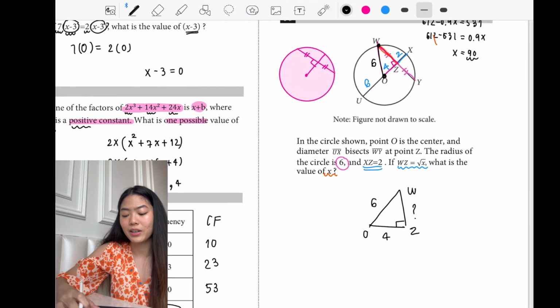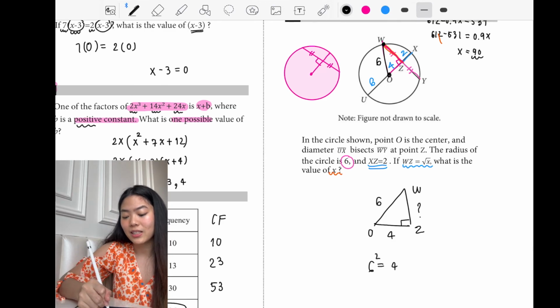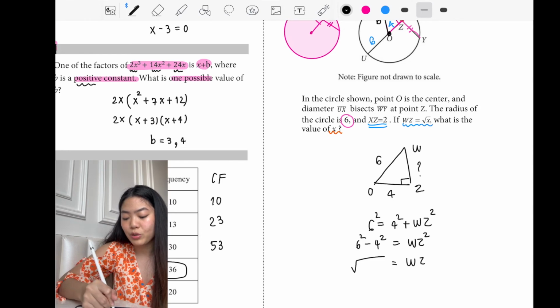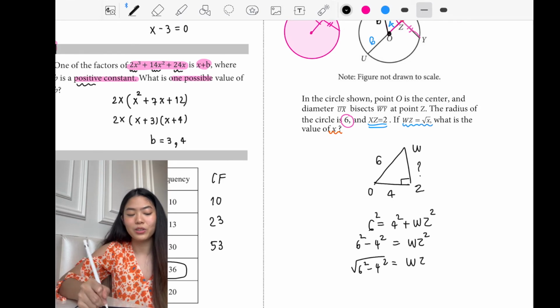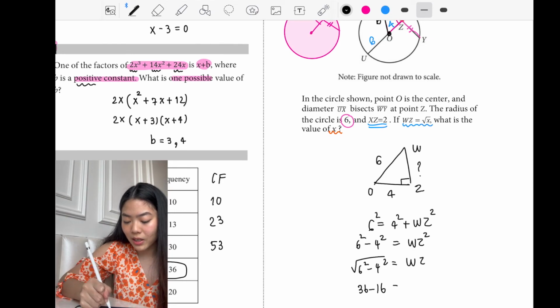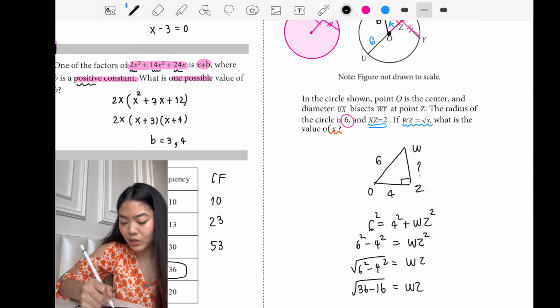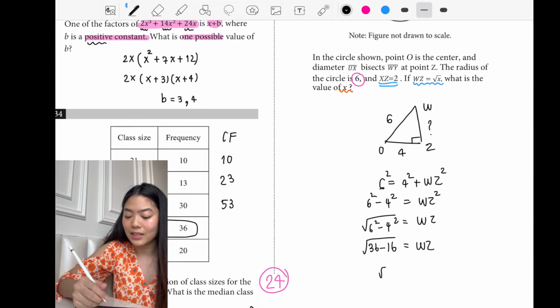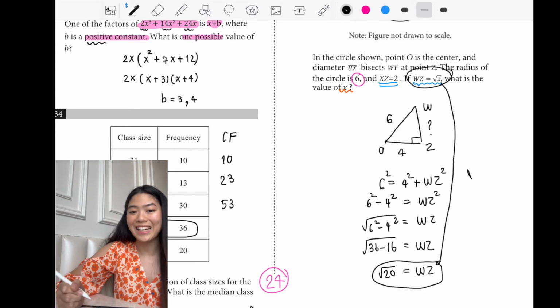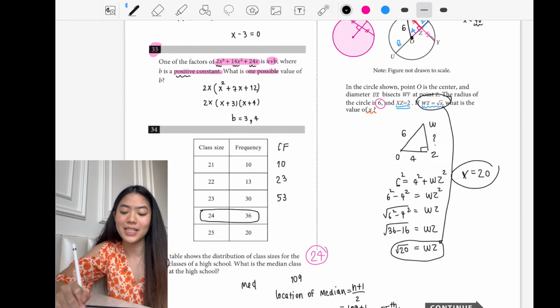Then we can find this part using Pythagoras: 6 squared equals 4 squared plus WC squared. Therefore, WC squared is 6 squared minus 4 squared. WC equals the square root of 6 squared minus 4 squared. Using the calculator, square root of 36 minus 16 equals WC. Then the answer is 20. The equation is given that WC is square root x, then x is equal to 20.